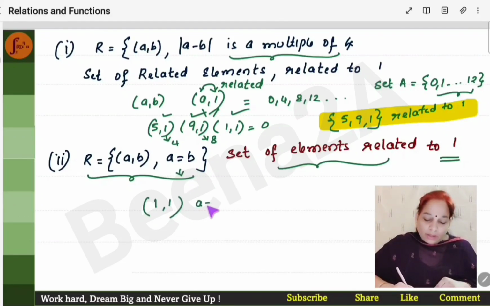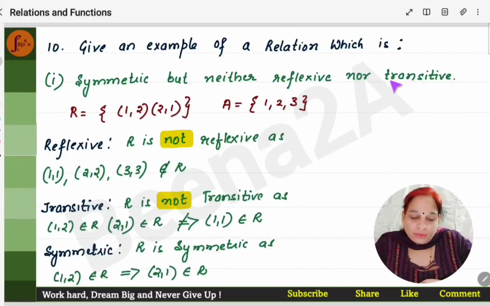That's when you say A is equal to B. So, 1, 1. The set is {1} only, because only 1 is related to 1 here. That satisfies the relation A is equal to B. So, this is the answer.